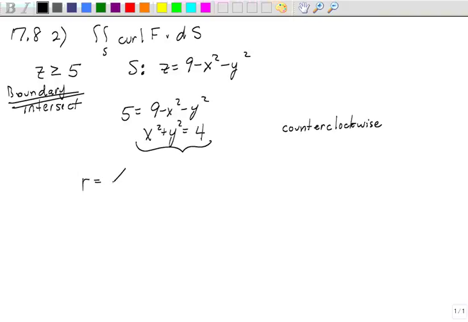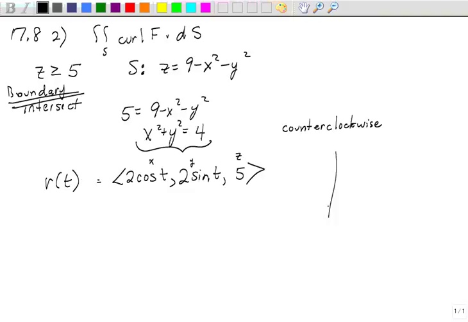We're going to say r is 2 cosine t, 2 sine t, z is 5. So this is x, y, z, and this is r of t. Now make sure you have it going counterclockwise. So we'll test it.